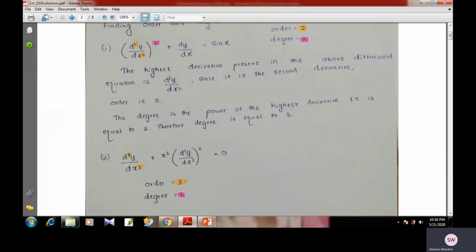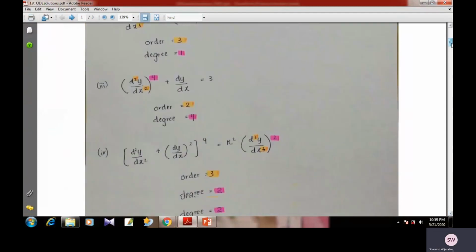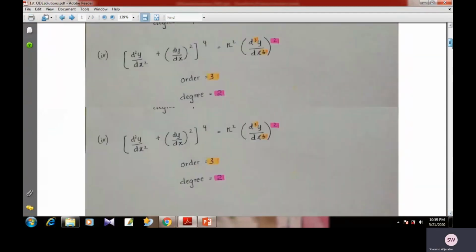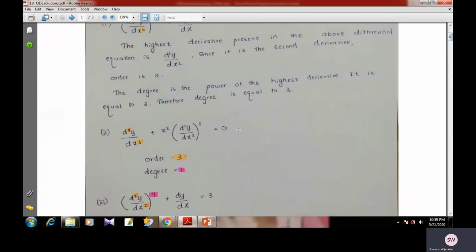So we say the order of this differential equation is equal to 3. Then to find the degree, we have to find the power of the highest order derivative. The power of the highest order derivative is equal to 1. So the degree is equal to 1. You can find the answers for the remaining exercises given in the lecture note in this document.